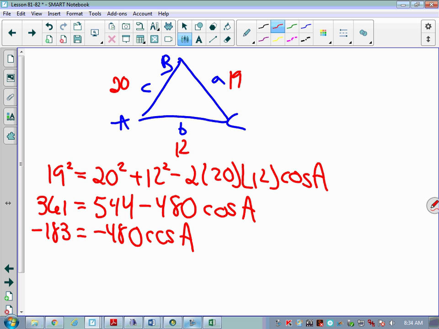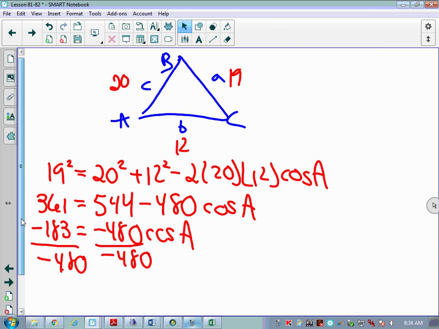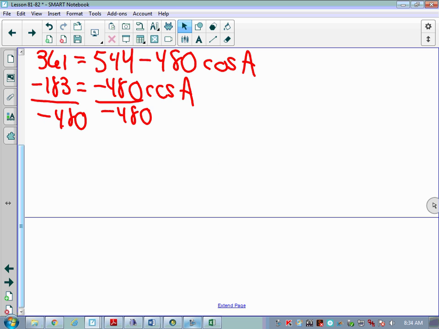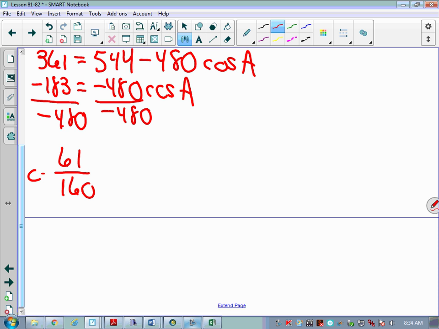Divide by negative 480. All right, what's that bring us to? 61 over 160? All right, so we're going to inverse cosine 61 over 160. Okay, let's make it 67.6. Then we can go on to the next one.